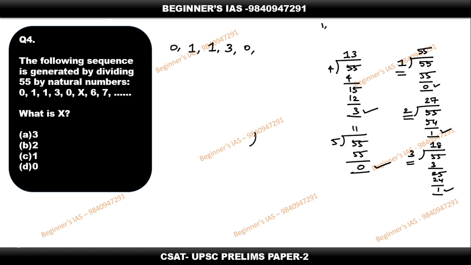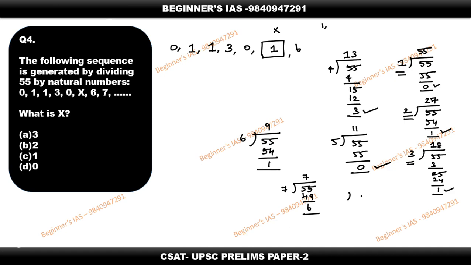We need a result. Since 55 divided by 6 gives something, that something is nothing but the x. Listen carefully. 6 nines are 54, which leaves remainder 1. Now make sure with the other things also. 55 with 7: 7 sevens are 49, yes, it leaves 6.